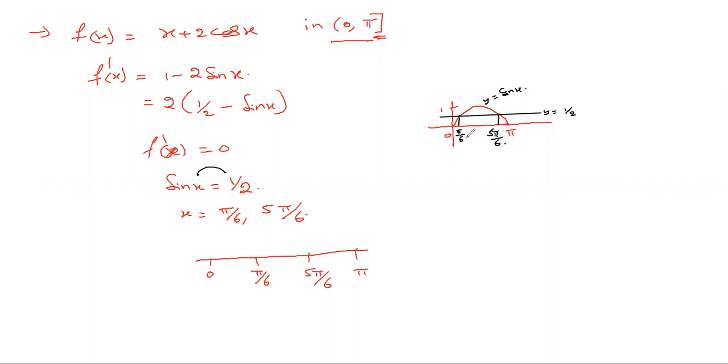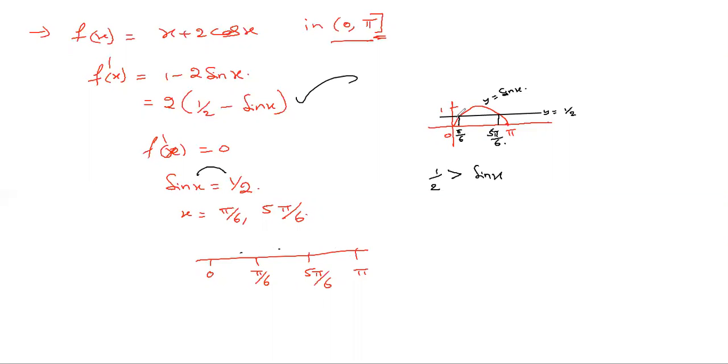So listen carefully. We need to discuss the sign of this f dash of x between here, between here and between here. It is enough to find the sign in these three intervals. Less than pi by 6 but more than 0, 1 by 2 is more than sin x.